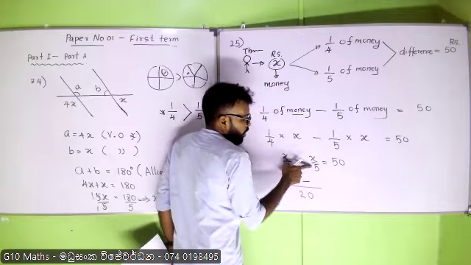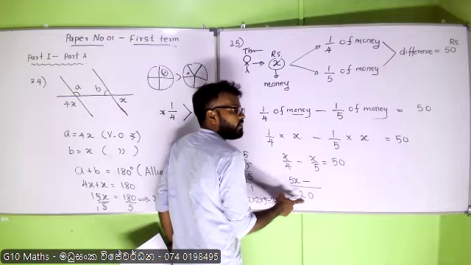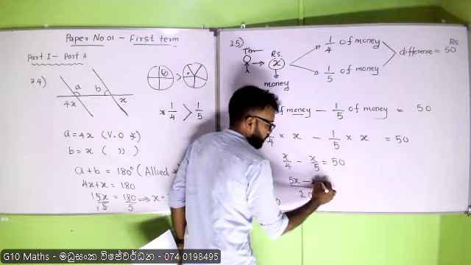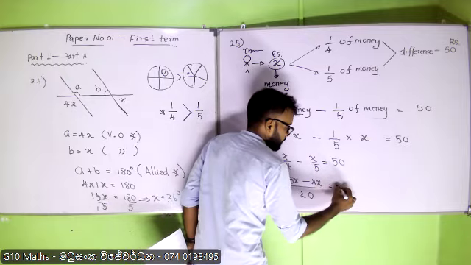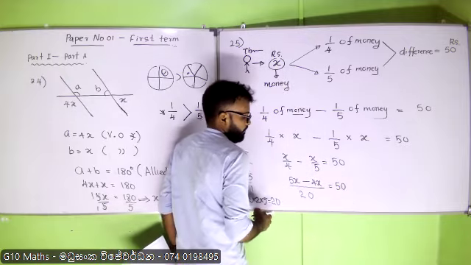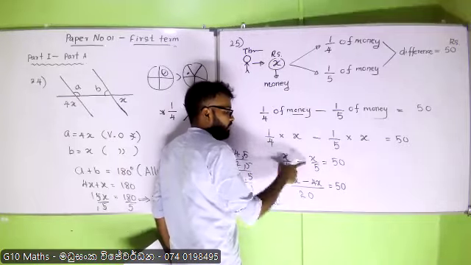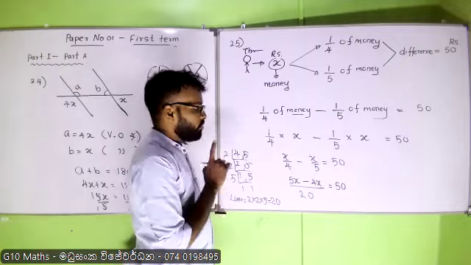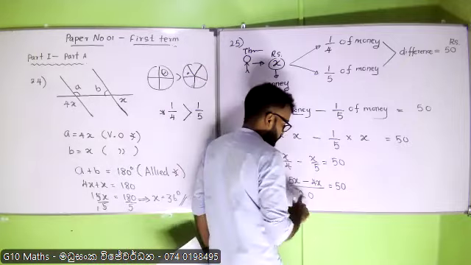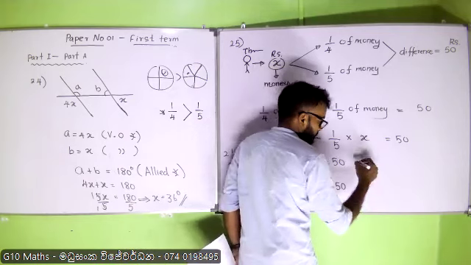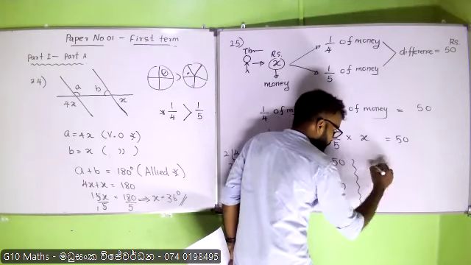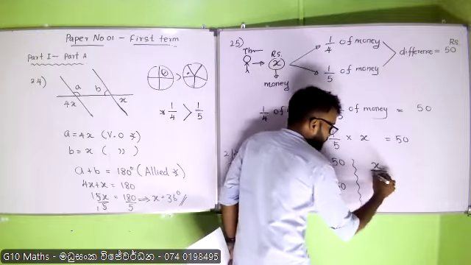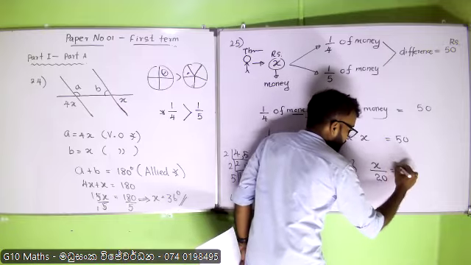Minus, how many 5s are there in 20? There are 4 fives, so 4 times x, 4x, equals 50. I have taught you this method as well. So 5x minus 4x, x divided by 20, equals 50.